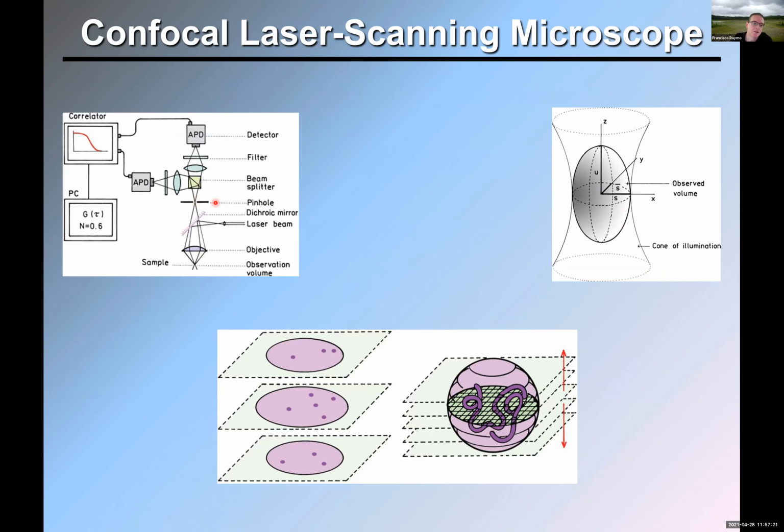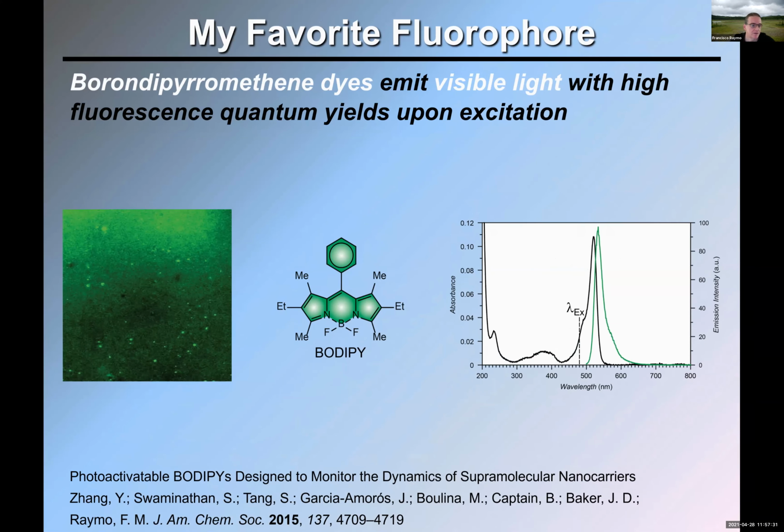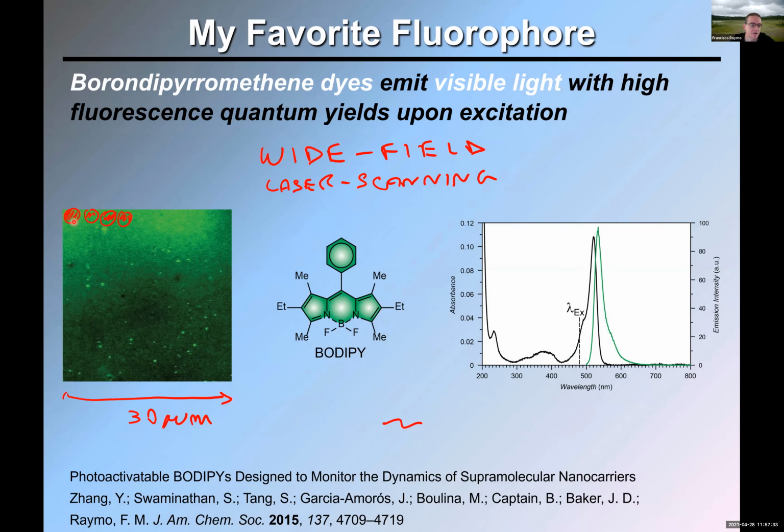And what happens is that the actual volume that is observed, so in my drawing here, I had like a circular spot, but in reality, the light is focused in 3 dimensions. So you have a little bit of light focused above and below the plane.